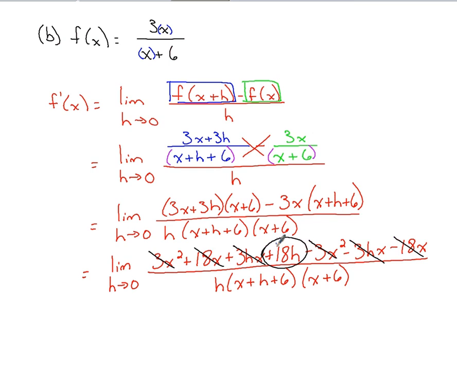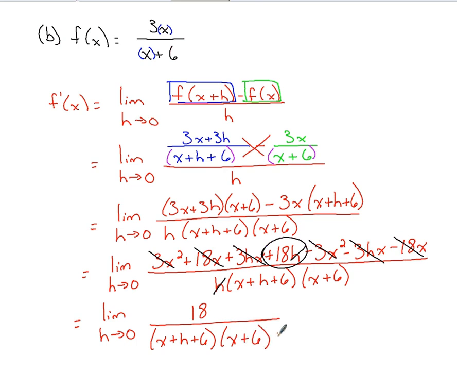Since we left the denominator in a factored form, this h here cancels with this h here, meaning our simplified form, we are still applying our limit to at this point, leaves us with an 18 on top and a quantity of x plus h plus 6 times a quantity of x plus 6 on the bottom.